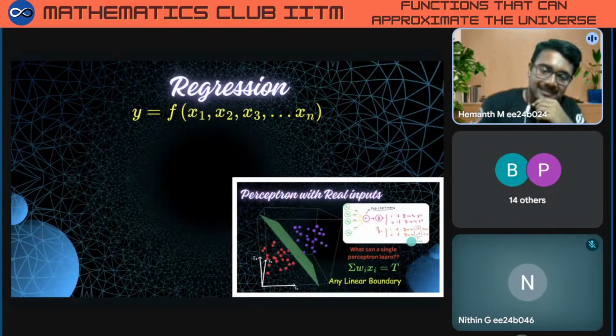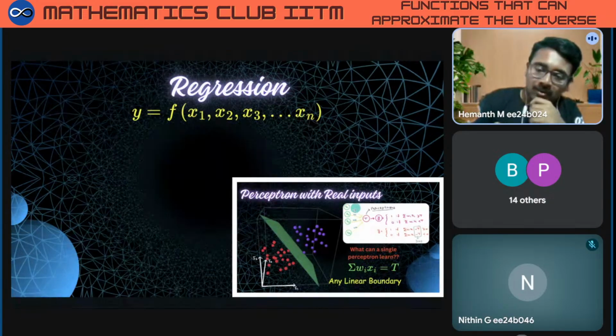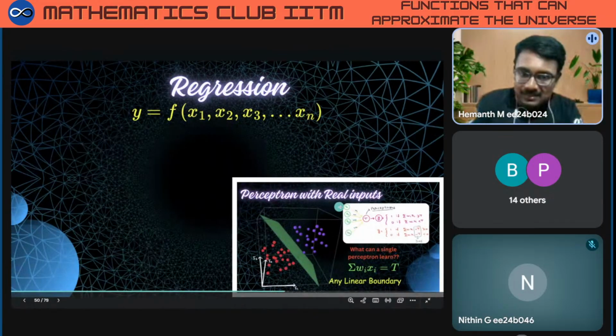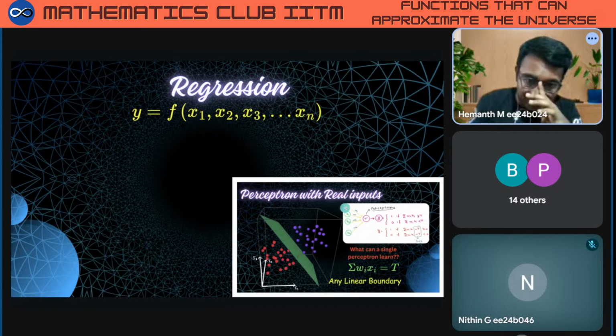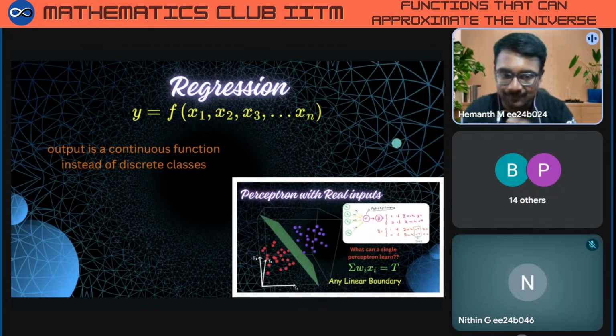In this slide, I said that we will extend Boolean inputs to any real-numbered input. Now inputs are real numbers, but till now the output was also either Boolean or some discrete classes. What if we want to extend the output space also to any real number? This task is known as regression, where we want the output to be a continuous real number instead of just discrete classes. So this is what we'll discuss from now on. The task is named regression, where we want to learn a function that outputs a real number.